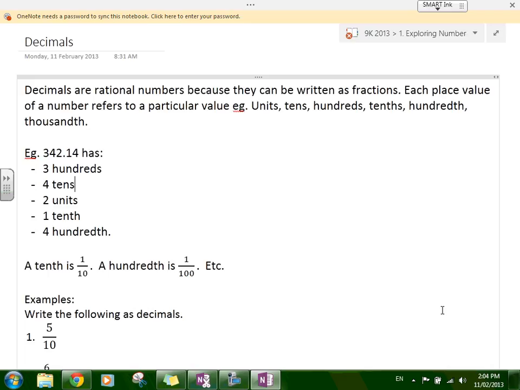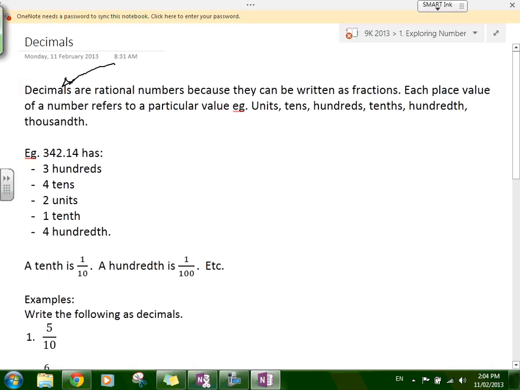So decimals, and I need to qualify the statement, we'll come back to this later, it needs to be non-repeating, non-terminating.